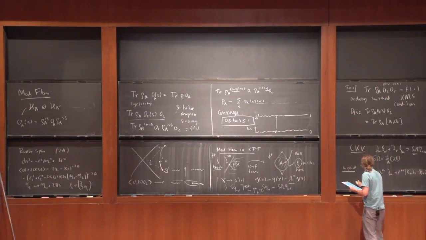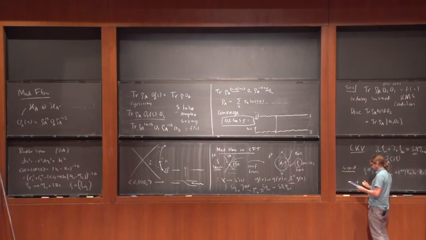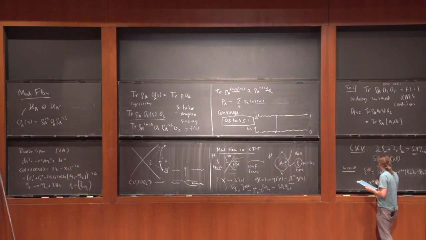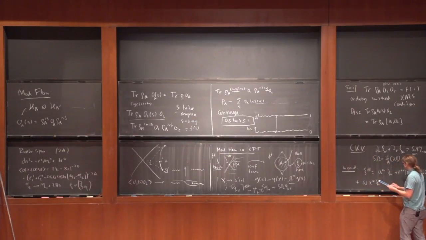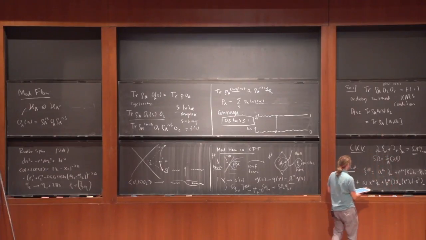These are just the usual Killing vectors, so these are just the usual symmetries, but you can also have scalings or dilatations, and then you can also have this special conformal transformation, x mu, which is quadratic in the x's. Okay, so this is the general solution to this, parameterized by various parameters here.